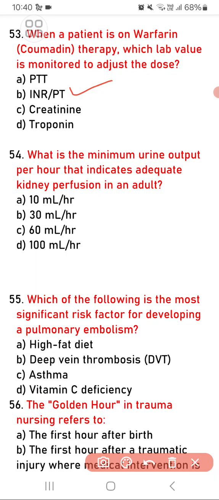What is the minimum urine output per hour that indicates adequate kidney perfusion in an adult? 30 ml per hour. Which of the following is the most significant risk factor for developing a pulmonary embolism? Deep vein thrombosis, DVT.